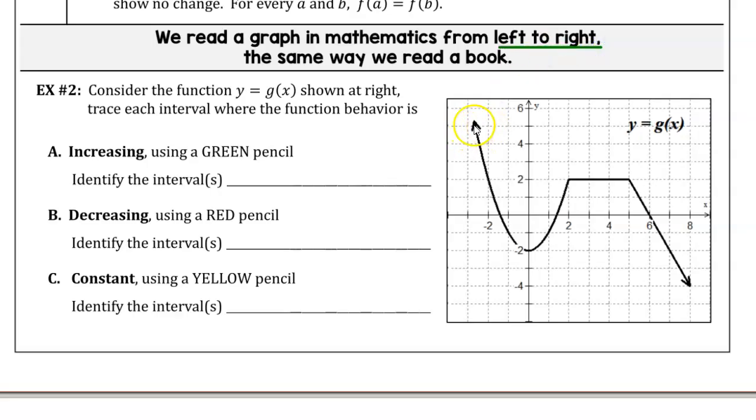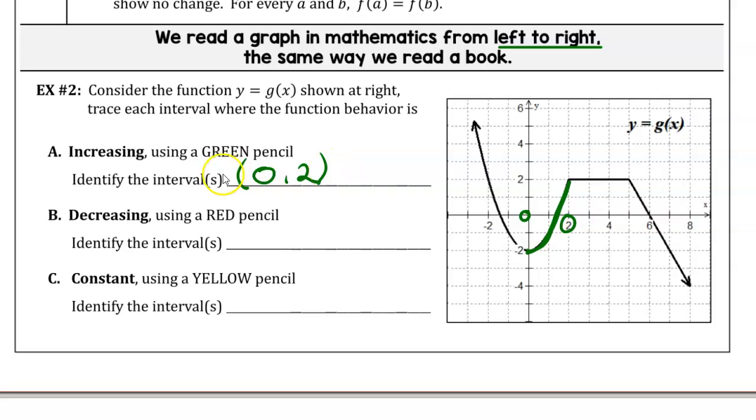So I start here, and you can see I'm going down, down, down, down, and then it increases from here to here. So you're always reporting the x values, okay, the x values. So from here, that's 0, and then to 2, it's increasing. So from 0 to 2, that's where it's increasing.